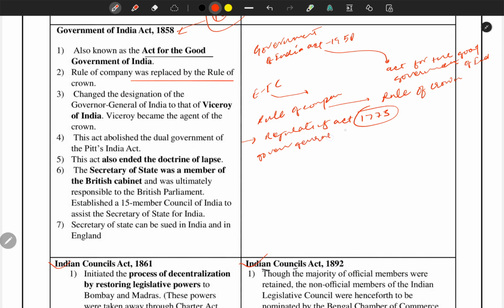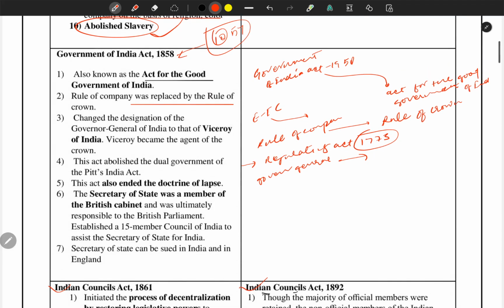The 1773 Regulating Act made the provision that the Governor General would now be known as the Governor General of Bengal.